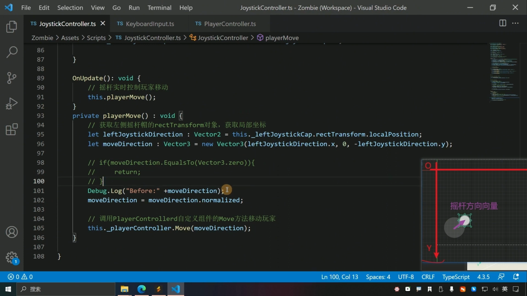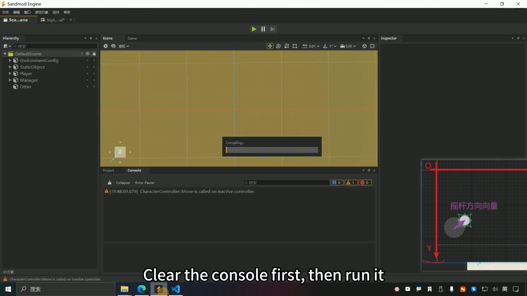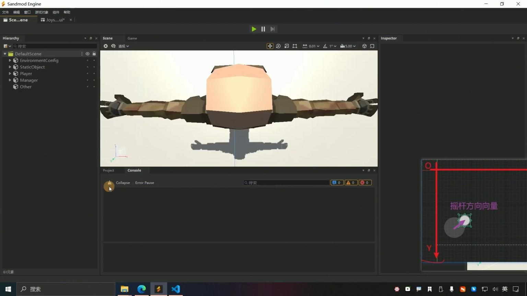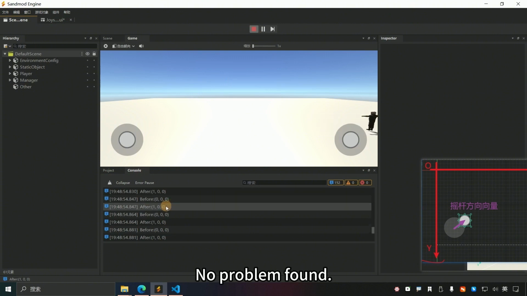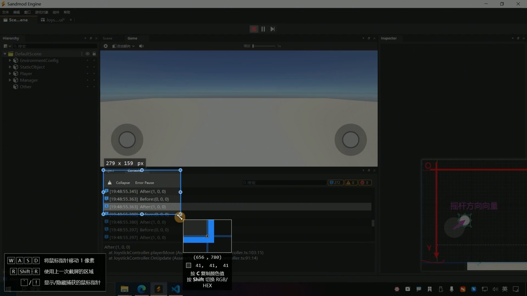After normalization, let's print this vector again. Clear the console first, then run it. No problem found. I'll give you a screenshot. Zoom in a little bit.